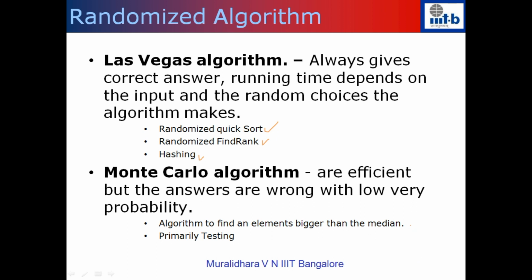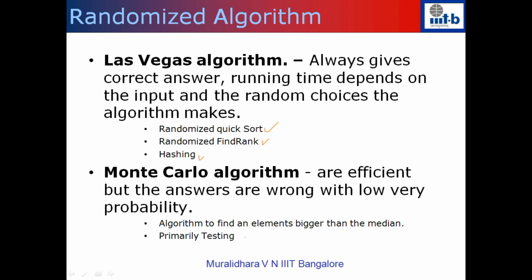For the algorithm we discussed in this video, which gives an element better than the median, we have shown that any deterministic algorithm will do at least omega of n comparisons. But we have seen an order log n algorithm which will give the correct answer with a high probability, 1 minus 1 by n.